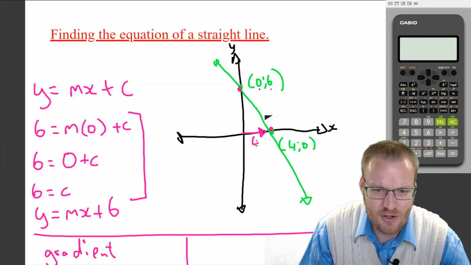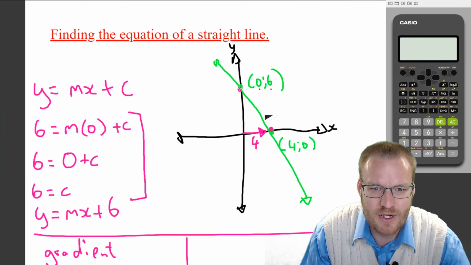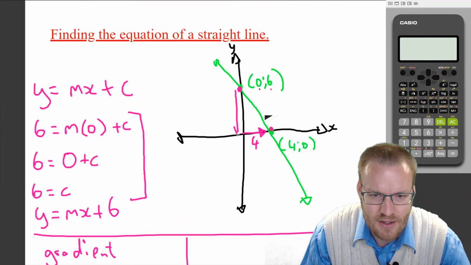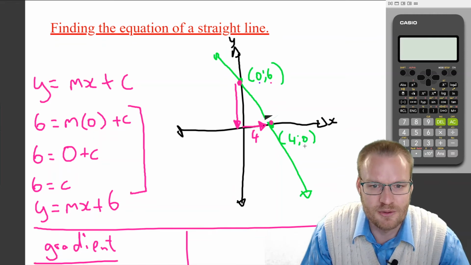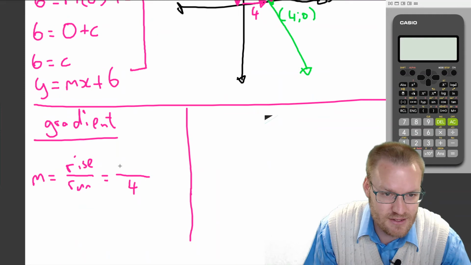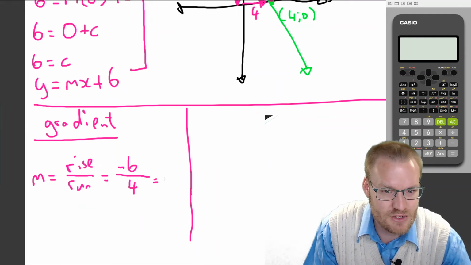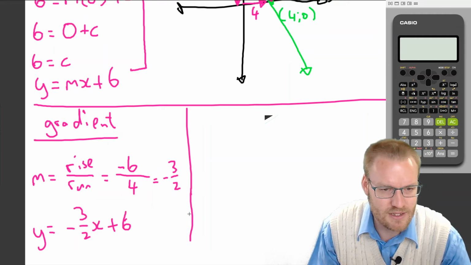So we've run along by 4. How far have we risen to get from this point down to that point? We've gone from 6 to 0. So therefore we've risen by negative 6. And we can simplify this to negative 3 over 2. Therefore, we put that in: y equals minus 3 over 2x plus 6.